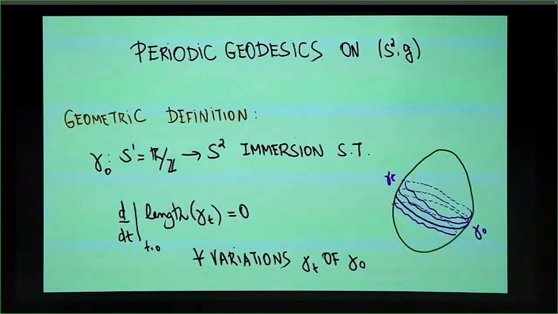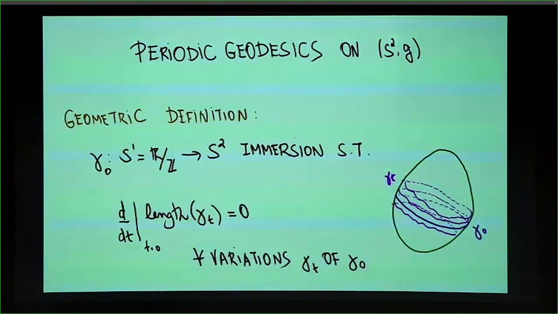And what I'm going to do, I'm going to compute the length of all those curves, gamma t, and then I will differentiate this length at time t equals 0. Okay? So the curve gamma 0 is going to be a geodesic whenever I get 0 as the value of this derivative for every possible variation of gamma 0. Okay, so you have to imagine always to vary gamma 0, and gamma 0 is a geodesic when this derivative is 0 for all such variations.